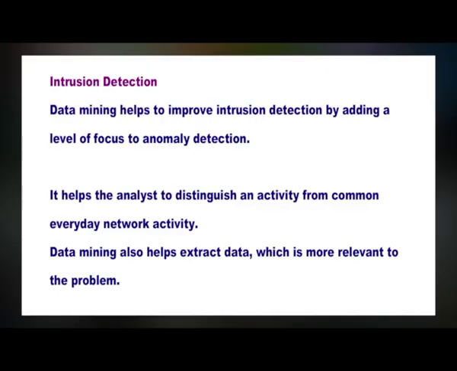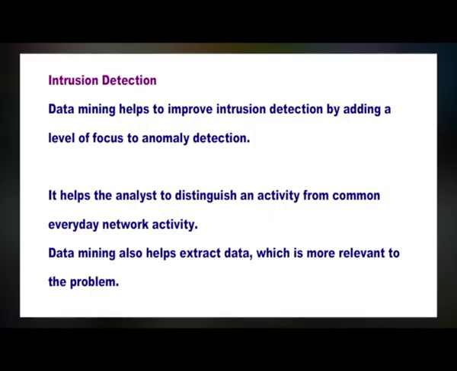So, this data mining system helps us to look for a pattern which is an anomaly, and having identified that, it will flag it and help in detecting an intruder. Data mining helps the analyst to distinguish common everyday network activity from a very uncommon activity. Then it flags that uncommon, unfamiliar activity or event as an anomaly. Data mining also helps extract data which is more relevant to the problems.